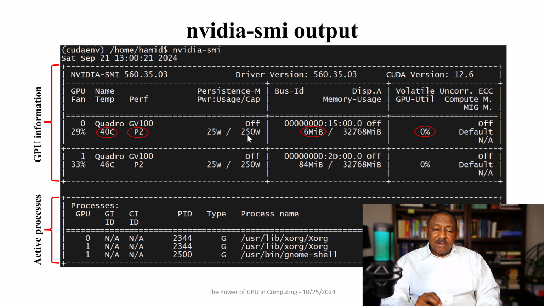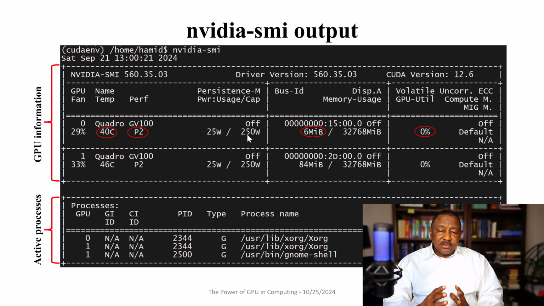The GPU information tells us about the GPU name, like the brand and the name of the GPU, the temperature of the GPU, and usage. It gives us very useful information.